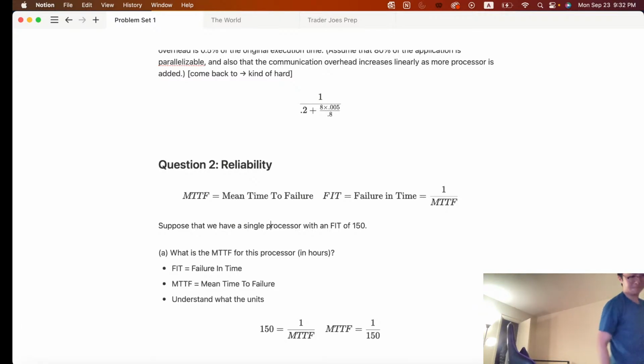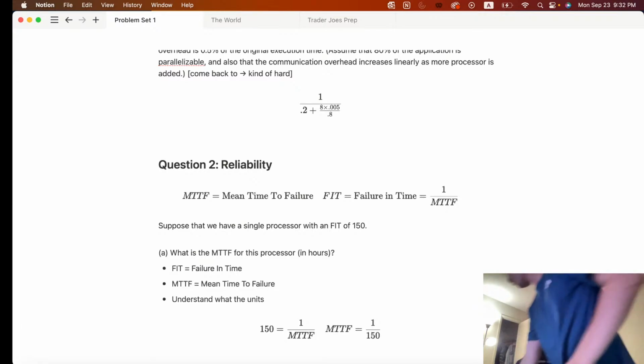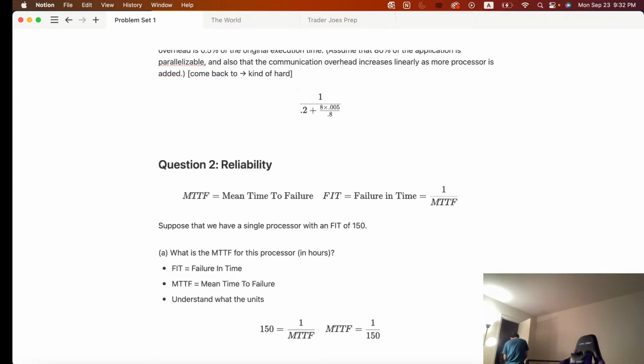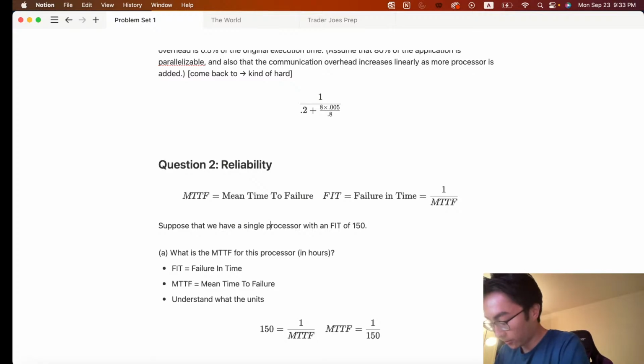We're allowed one cheat sheet for the test. Failure in time is usually reported as failures per billion hours of operation.